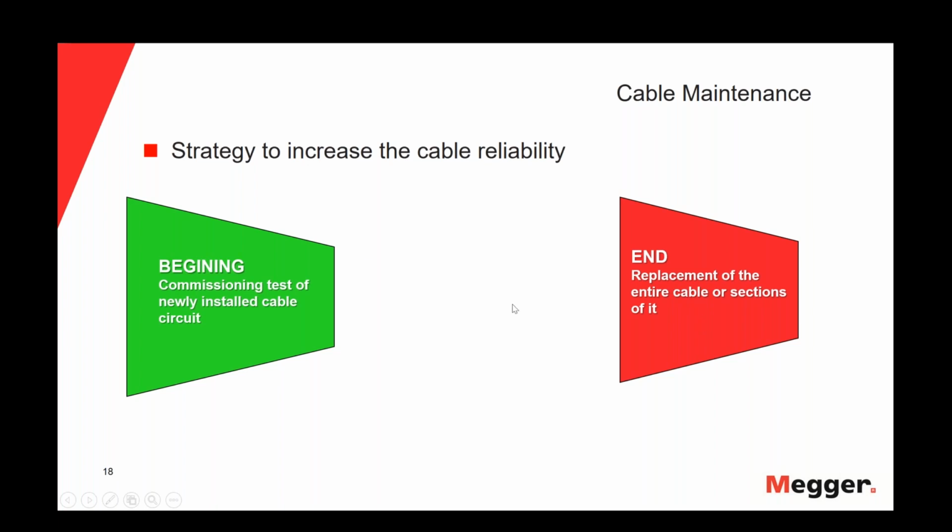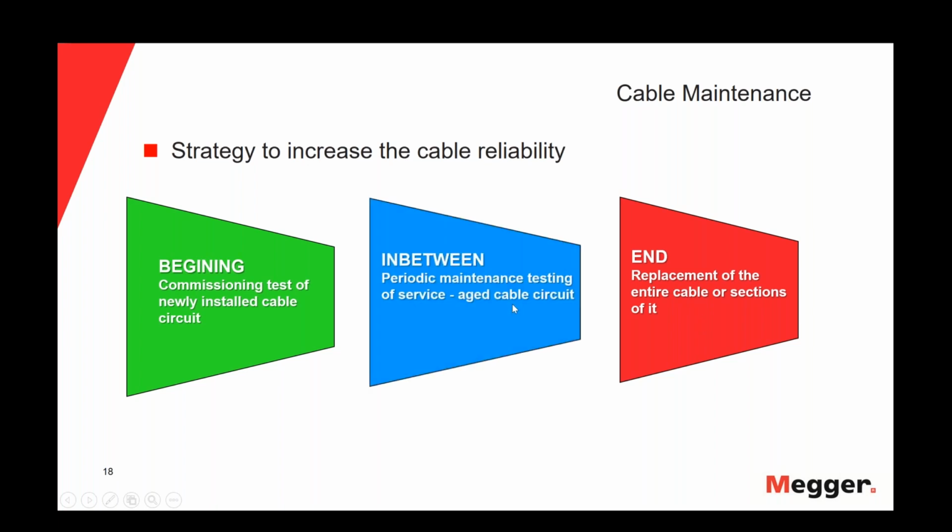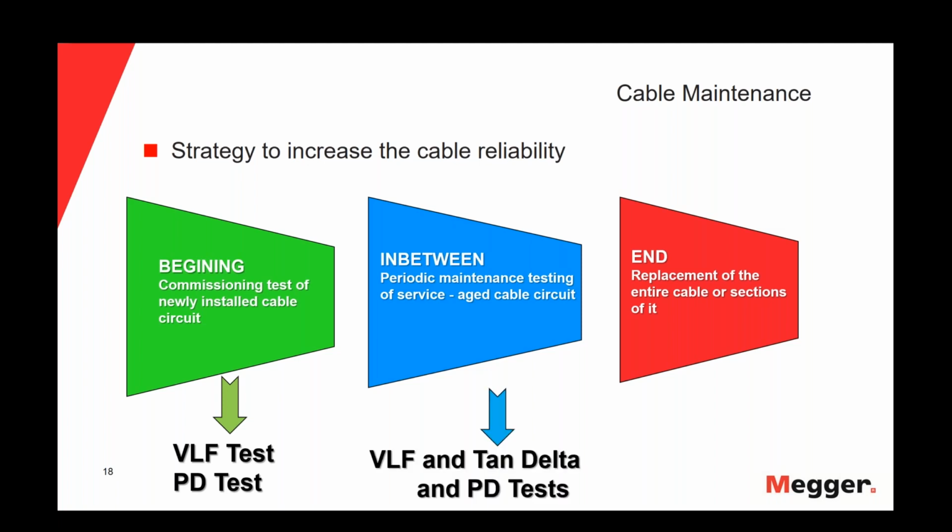But in between, we need to have the periodic maintenance testing of service aged cable circuits. So we can use for the commissioning test the VLF test and the partial discharge diagnostics, and for the periodic maintenance we can use the VLF, the Tan Delta, and the partial discharge test.